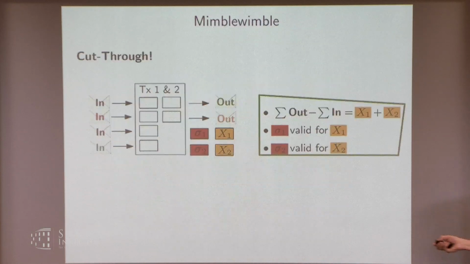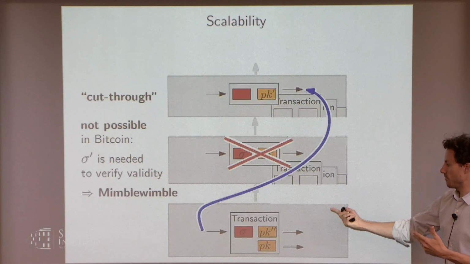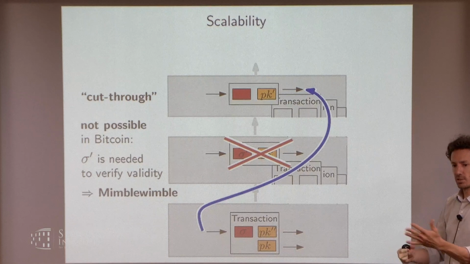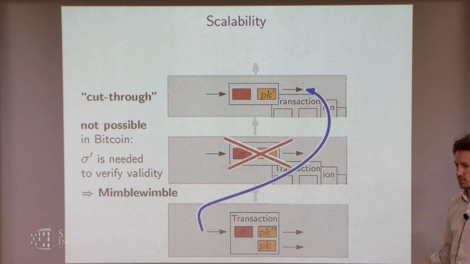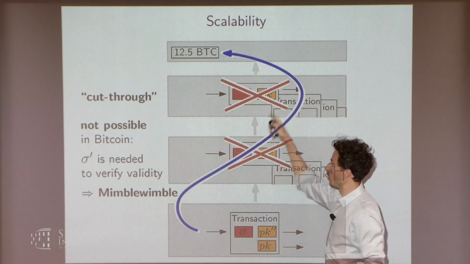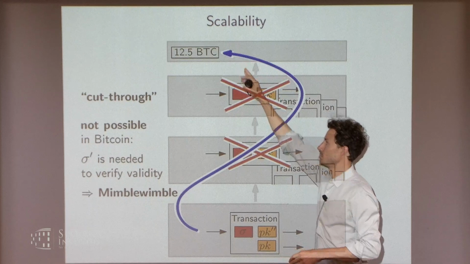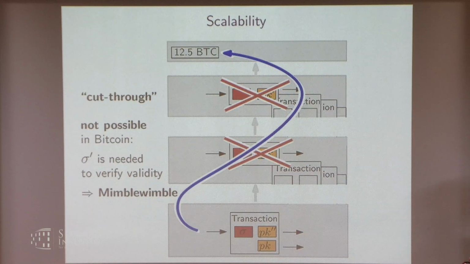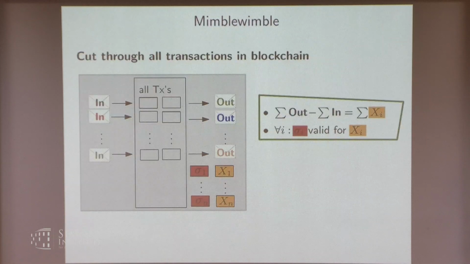Okay, so this means that basically, since every input to a transaction is an output of a previous transaction, if you just do it to all the transactions in the system, everything will cancel out. And how long can you do this? Well, until you hit a coinbase transaction, so a transaction where money was created. So your blockchain is now the merge of all transactions, and everything that was spent cancels out.